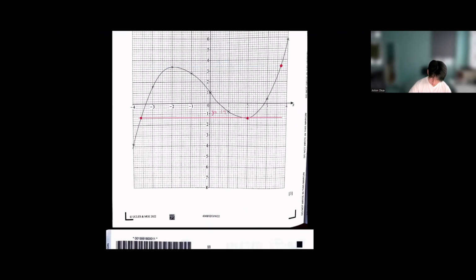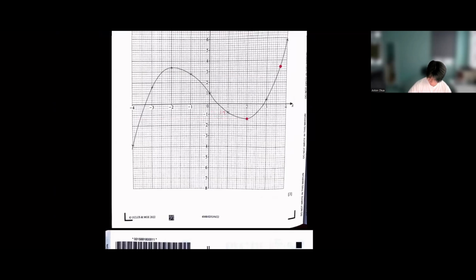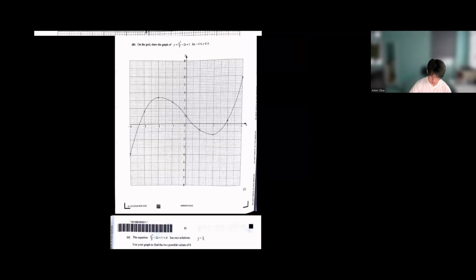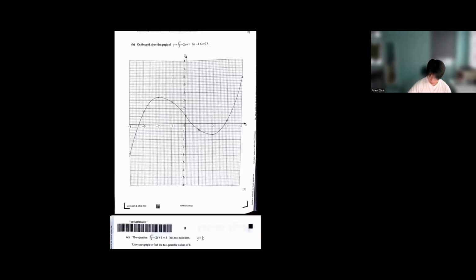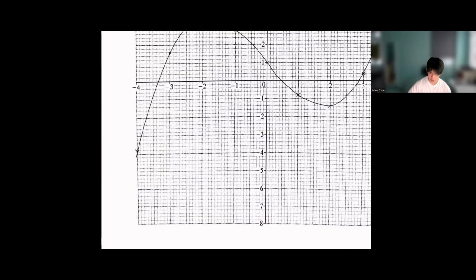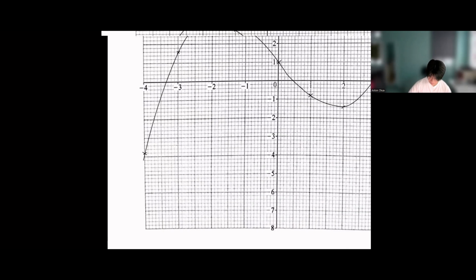Okay, let me just erase the previous. So x minus 4, y equals to minus 3. And then x equals to 0 and y equals to minus 1.